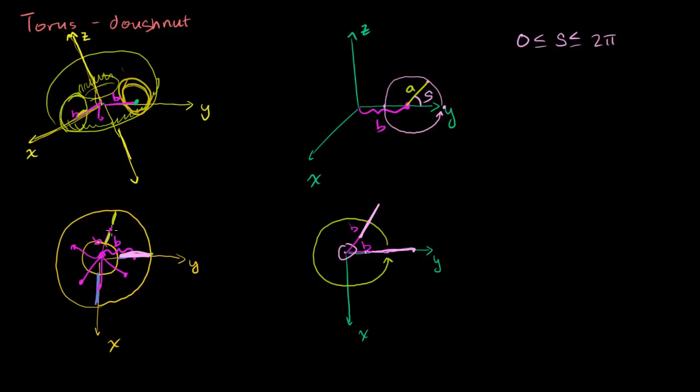This is maybe this point on our donut right there. At that point, we would have rotated it, let's say, t radians. So this parameter of how much we have gone around the z-axis, we're going to call that t. And t is also going to vary between 0 and 2 pi.